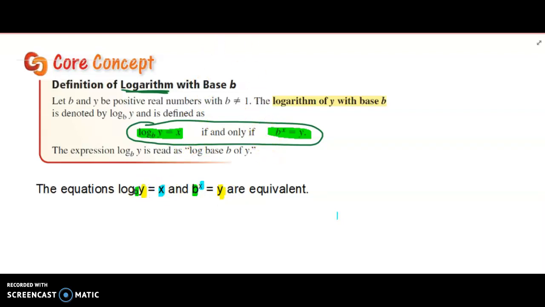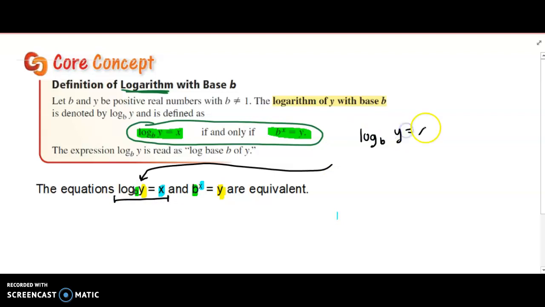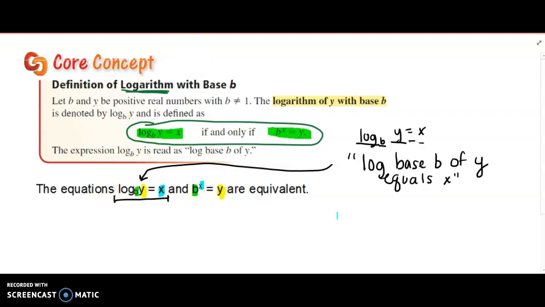Going backwards, log b of y equals x, I would say log base b of y equals x. This is the same as b to the x equals y.